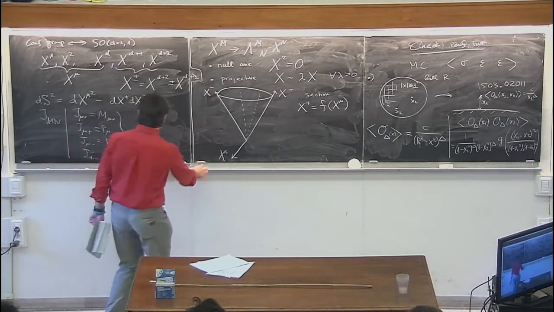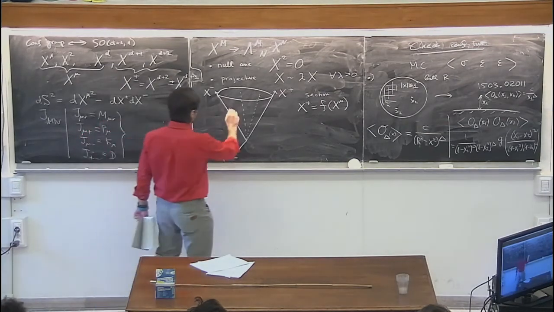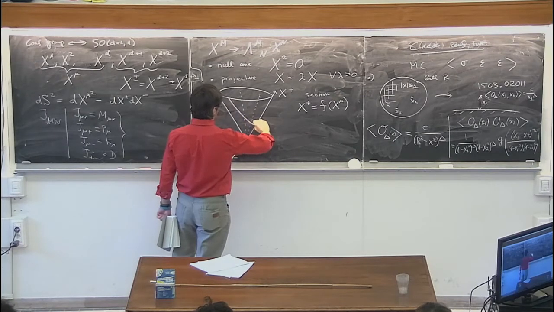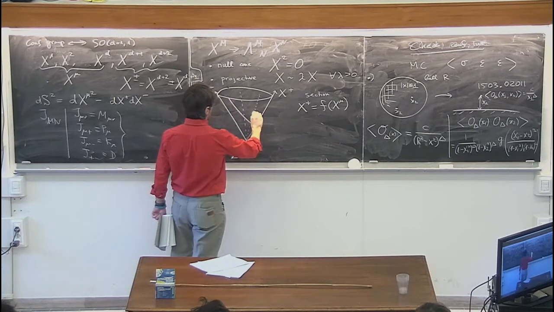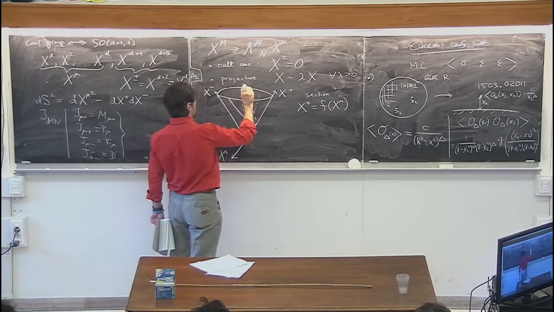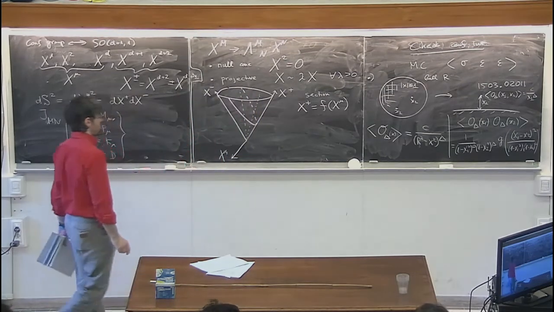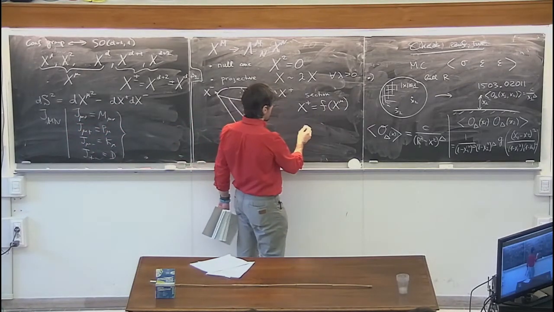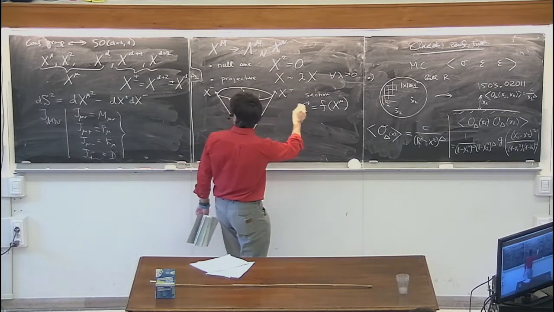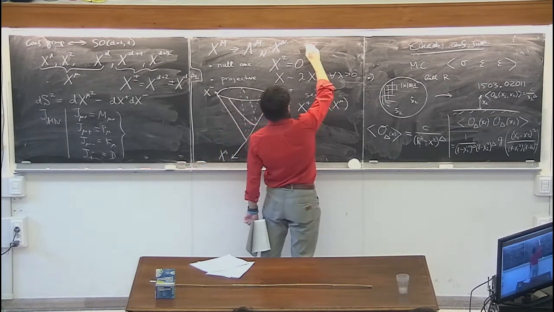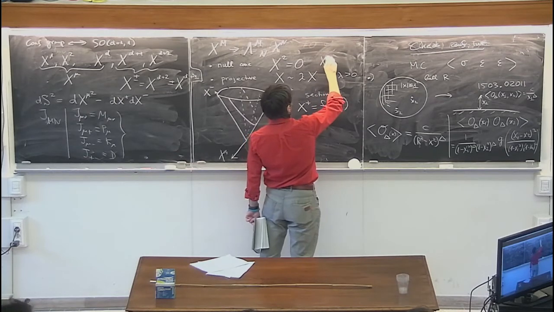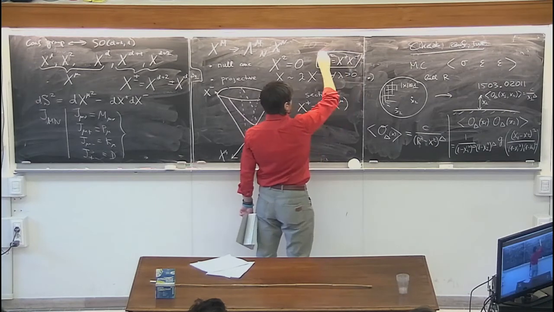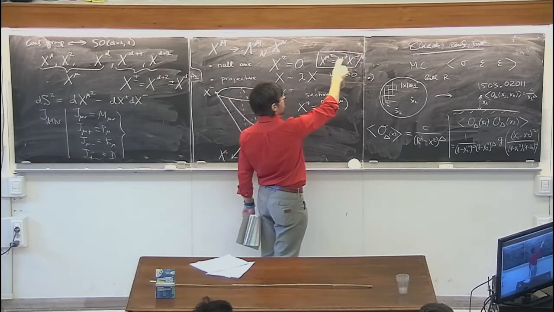So this section is going to be something like this. So it's a section. So if I specify x plus as a function of x mu, then, of course, x minus is also determined, because my null cone has equation x mu squared is equal to x plus x minus. This is the equation of the null cone. So if I gave x plus, then x minus is also given.